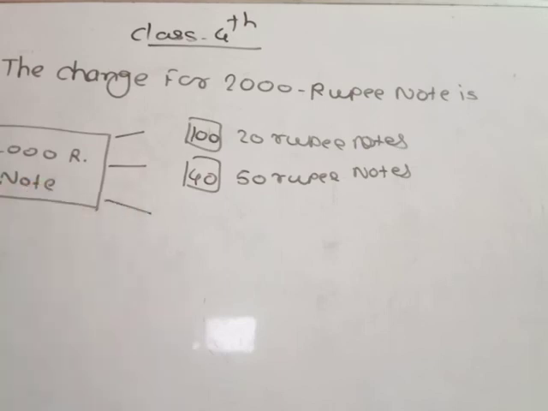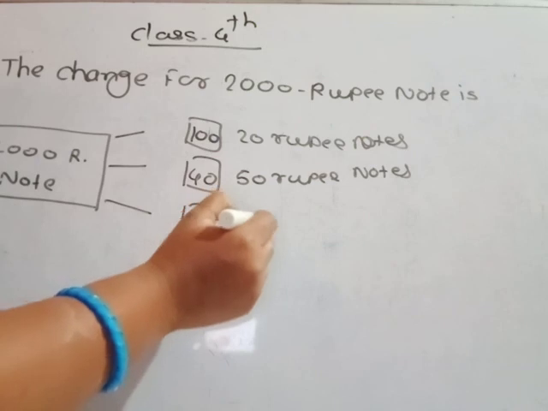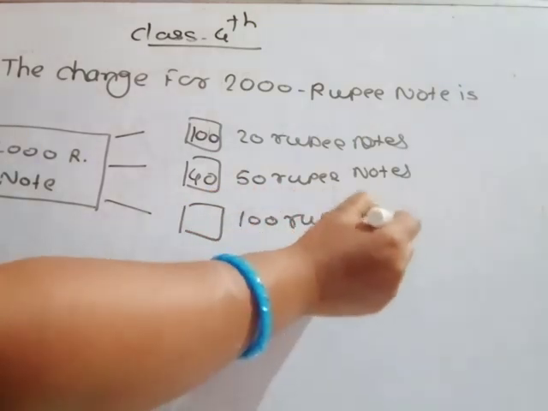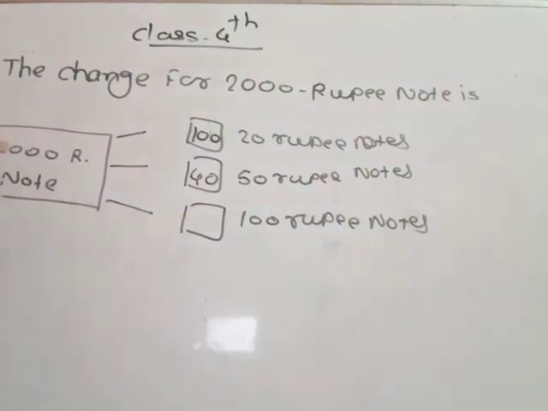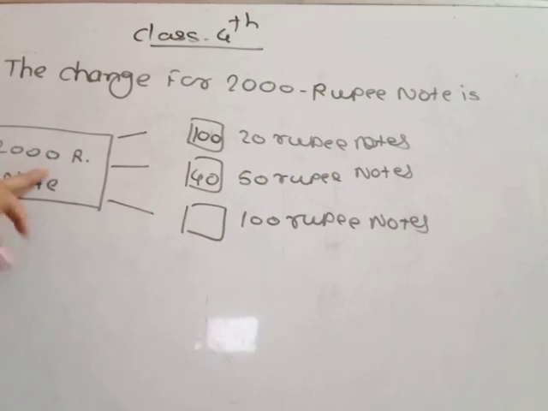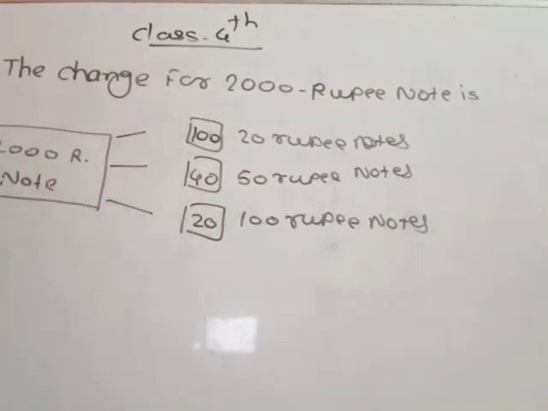Then next is 100 rupee notes. How many? 20. 20 into 100 is equal to 2000. So you take 20 hundred rupee notes.